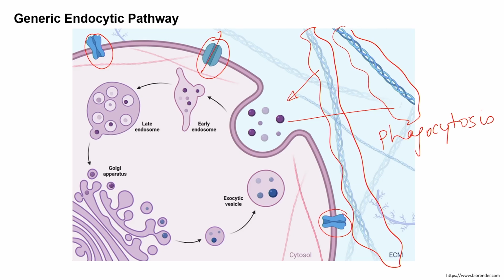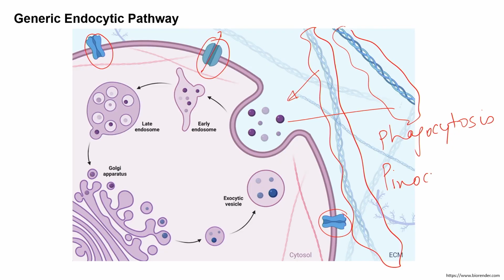And if the antigens are in the soluble form, not in the particulate form, then we call it pinocytosis, which is cellular drinking. So, the process changes based on the type of antigen. By these two processes, the antigens can enter inside the cellular system.